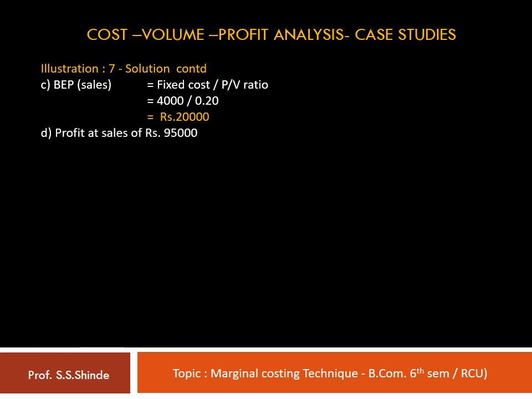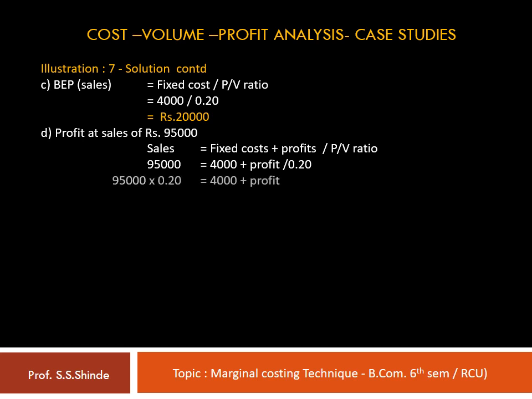Let's calculate the profit at sales of rupees 95,000. So the equation we put up is sales is equal to fixed cost plus profits divided by PV ratio. So the sales is 95,000, expected sales we call it as, is equal to fixed cost 4,000 plus profit that is to be ascertained, divided by 0.20.